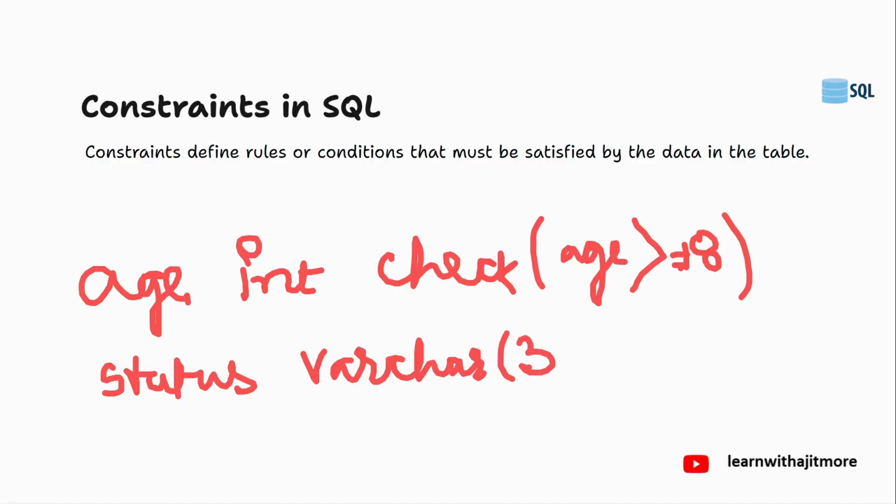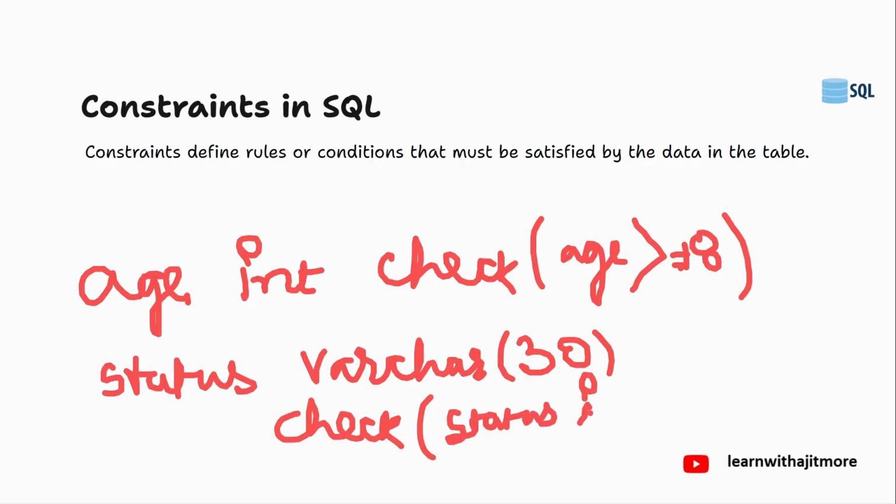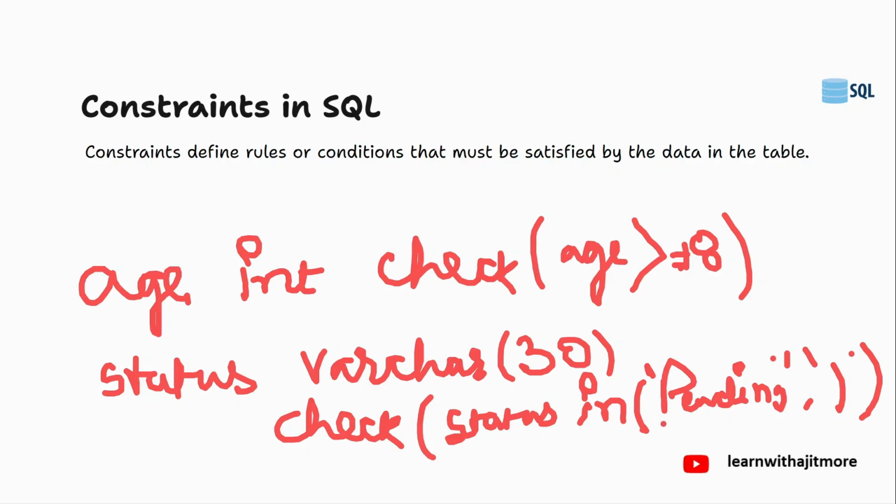And then you are applying check constraint: check status in, and then you put the list of possible statuses. Fixed statuses are there. One is pending, second is shipped, third is out for delivery, fourth in transit, fifth delivered, and sixth returned.